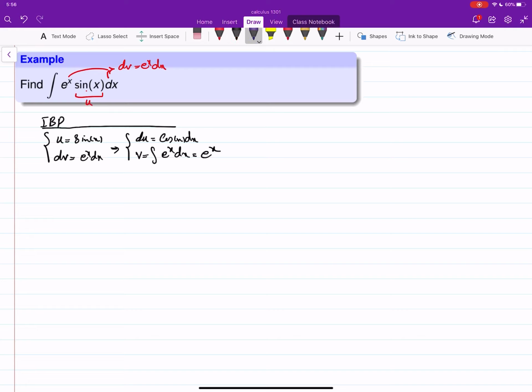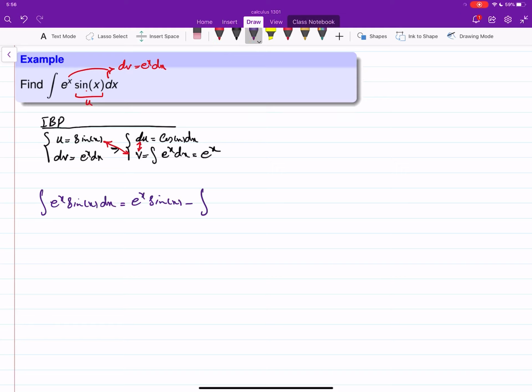Now I can apply IBP to the integral of e to the power x sine x dx. This would give me uv, so e to the power x sine x, the order doesn't matter here, minus the integral of v du.